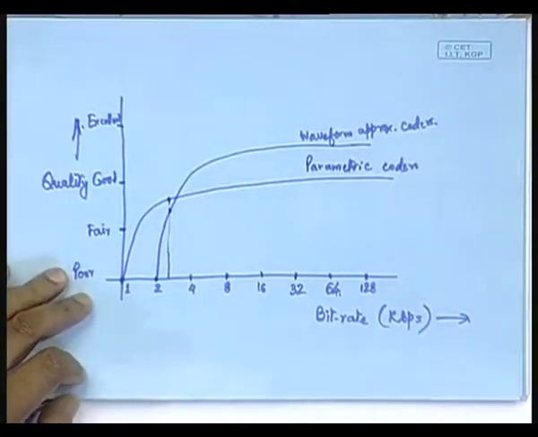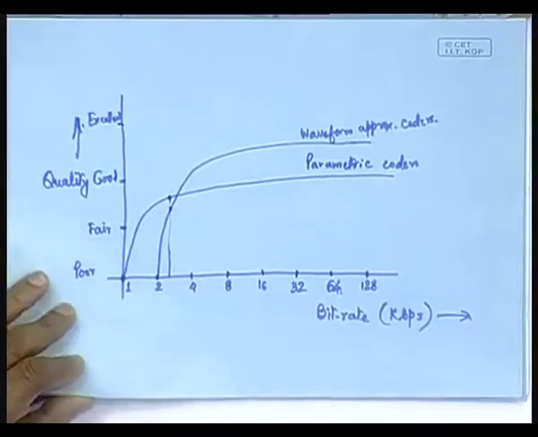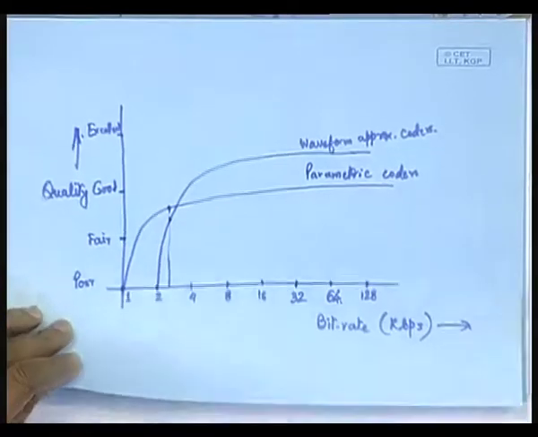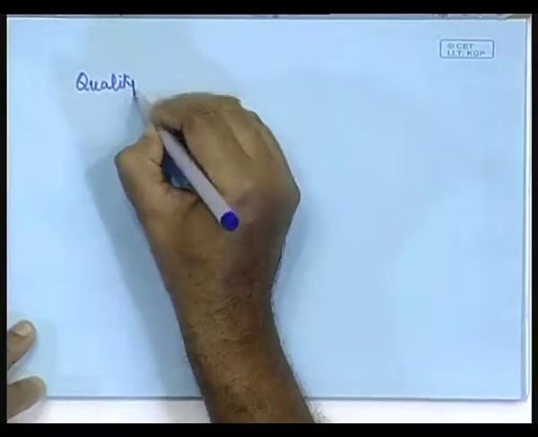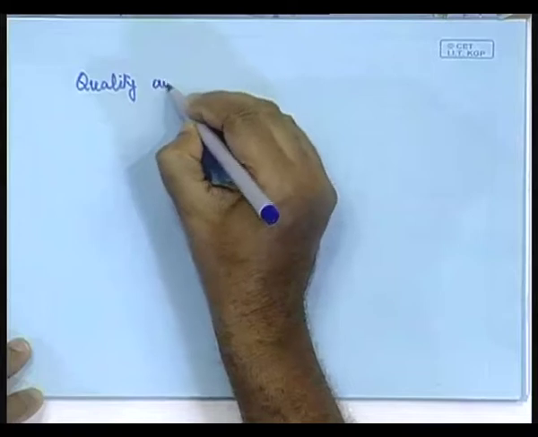Now, some of the basic objectives of speech encoding we need to understand, that is, what is the quality and what are the quality requirements. As I was telling you a little while back, there is always a trade off between quality and capacity.